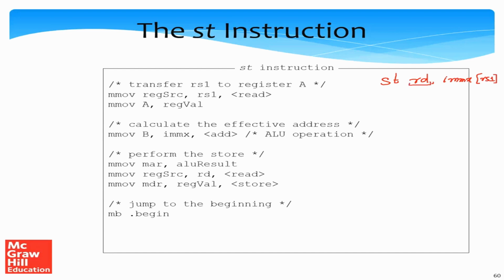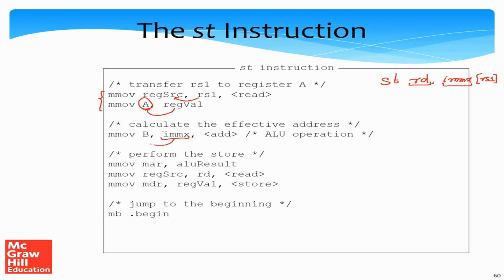Let me say how this is implemented in microcode. We do the same, two lines are common. We transfer the contents of RS1 to reg source and we initiate a register read, and the contents of the base register go to the ALU register A. We subsequently read the value of the IMEX, which is the offset, the immediate.